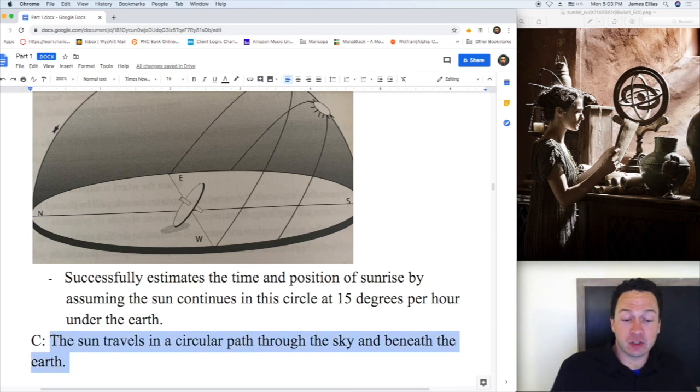And so he's able to reach the conclusion: the sun travels in a circular path through the sky and beneath the earth in a 24-hour period.